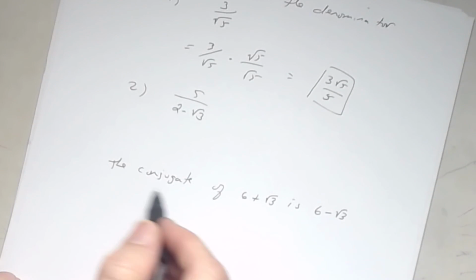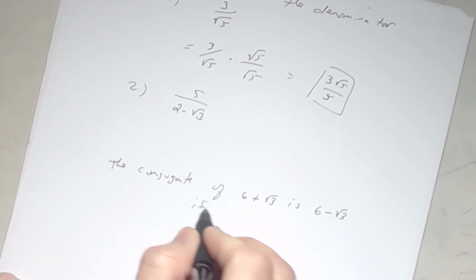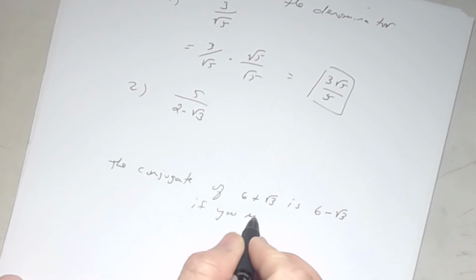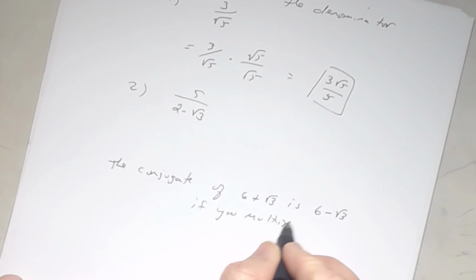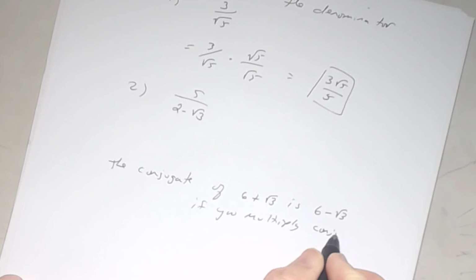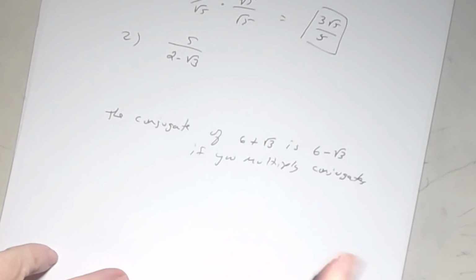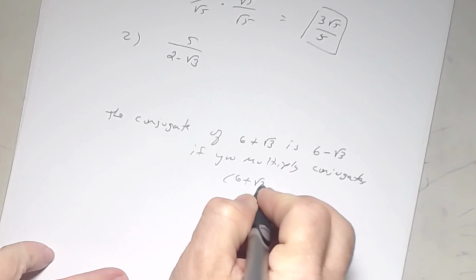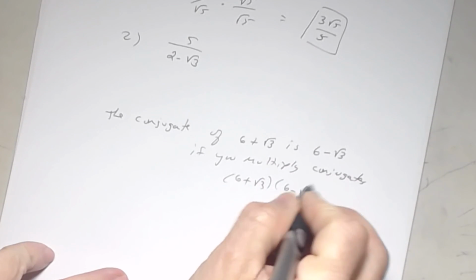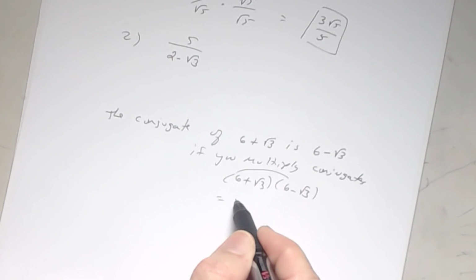And I want to show you this. If you multiply conjugates, notice what happens. Use the FOIL method. What's 6 times 6? 36.